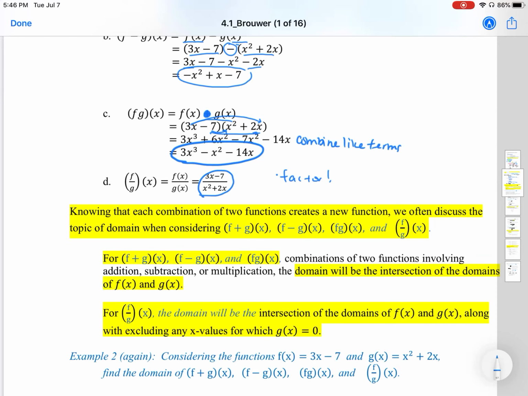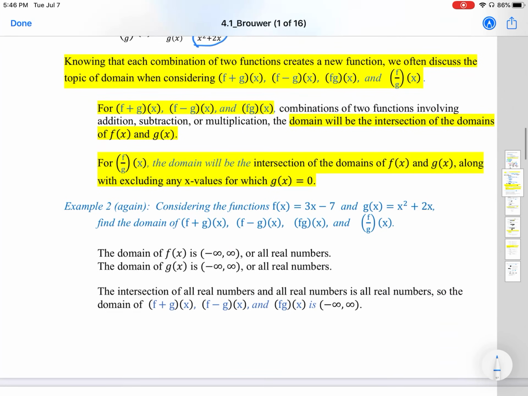Knowing that each combination of two functions creates a new function, we often discuss the topic of domain when considering f plus g of x, f minus g of x, f times g of x, and f divided by g of x. For f plus g of x, f minus g of x, and f times g of x, the combination of two functions involving addition, subtraction, and multiplication, the domain will be the intersection of all domains of f and g.